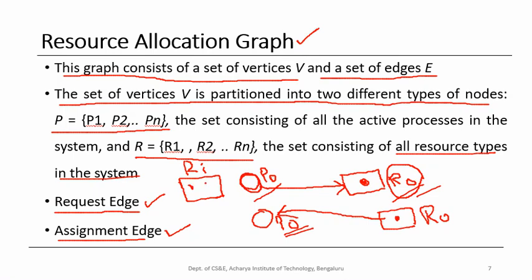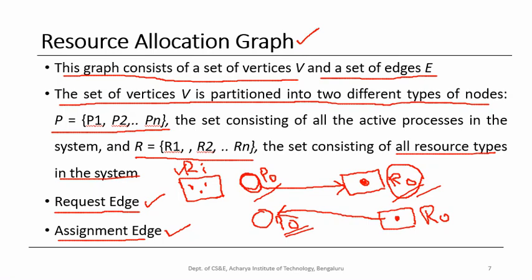For example, if I put 3 dots inside this box, it means that there are 3 instances of resource type Ri. Okay, so these are some of the notations that are used in the resource allocation graph.